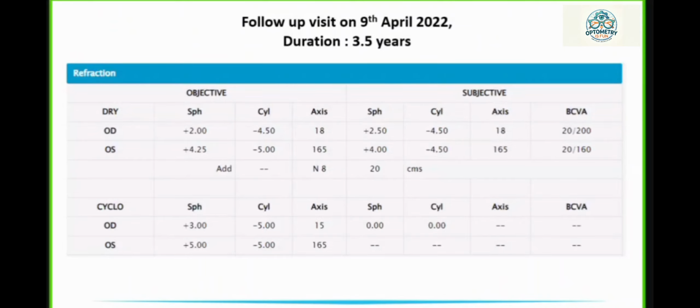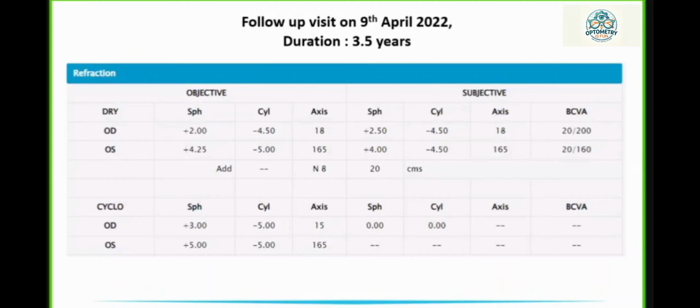If you see the refraction values, it is something similar. It is shown here in the dry and cycloplegic refraction values. So two diopter anisometropia exists. The cylindrical axis which you are seeing is about 5 diopter, which somebody has obtained here. Based on this, the person was given a prescription so that further improvement takes place in this child.